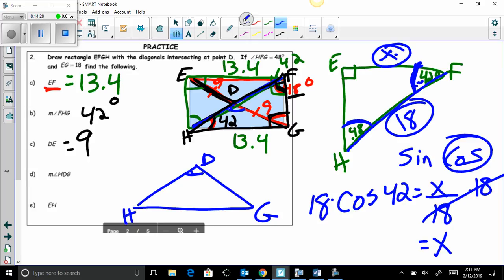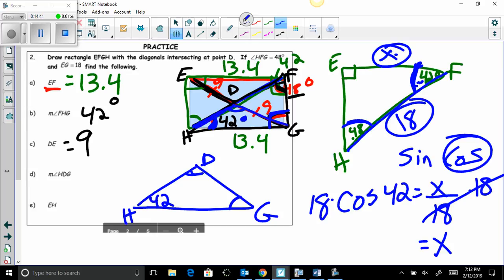Well, where am I going to go here? If I know that this is 42, and I knew that this one right here is 90 degrees, but I only have part of it right here. Well, what does that one have to be? Wouldn't this be an isosceles triangle right here?